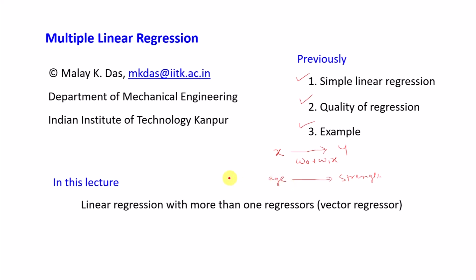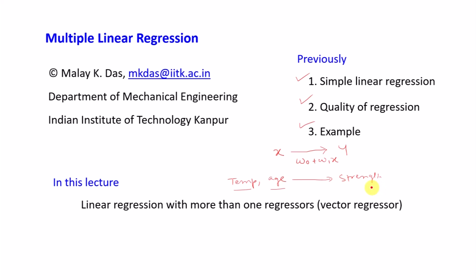For instance, what is the temperature of storage of the propellant? That will obviously influence the strength of the propellant. Therefore, we can identify at least two variables, temperature of storage as well as age, which are independent variables, and it will influence the dependent variable, that is the strength of the propellant.